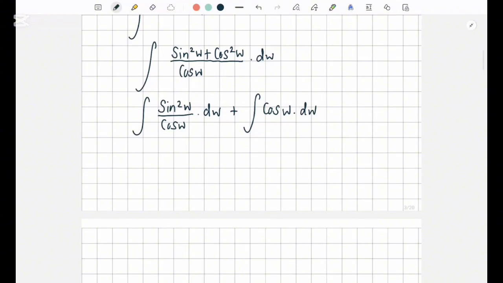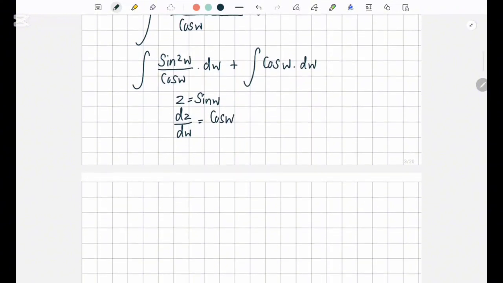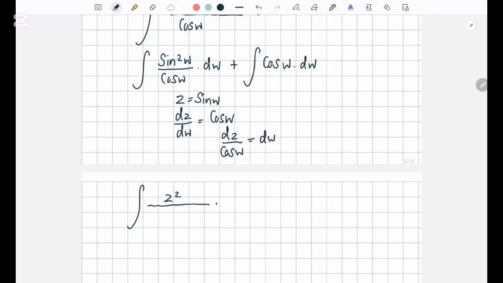So for the integral on the left side, you could take a substitution of, let's say, z equals sine w, dz over dw equals cos w. So now it's sine squared. Now instead of sine squared, I'm going to write z squared over, and instead of writing dw, I'm going to write dz over cos w equals dw.